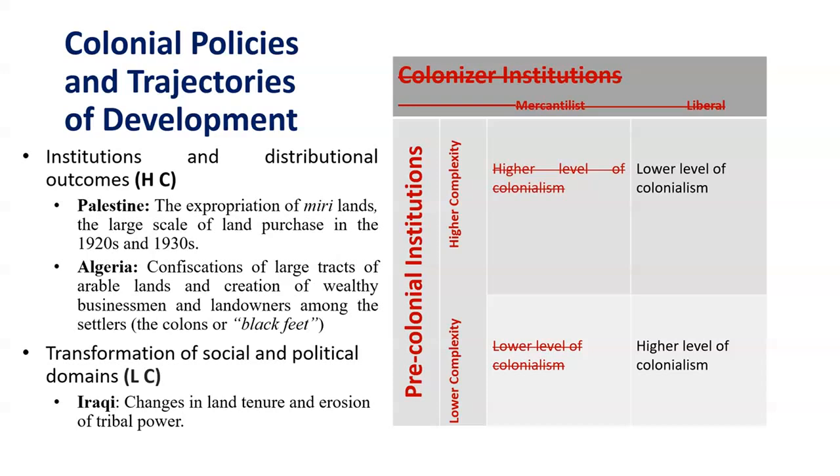development economic policies. And in Iraq as well, this led to changes in the land tenure terms and the erosion of tribal power, and this affected the balance of power between different social forces, and it led to a fierce struggle for power between different parties in Iraq.